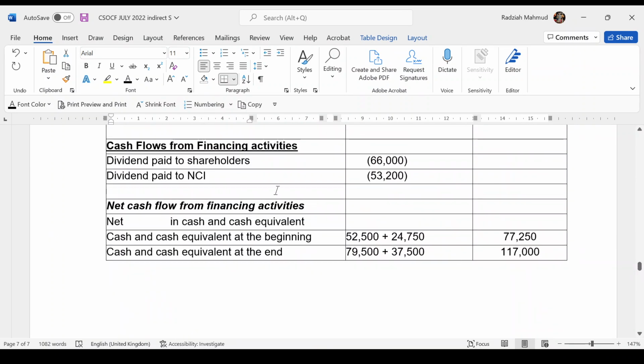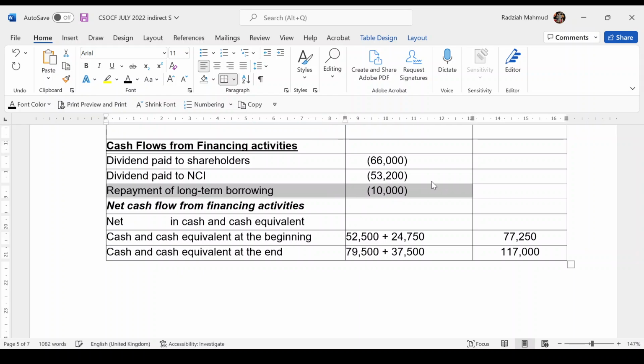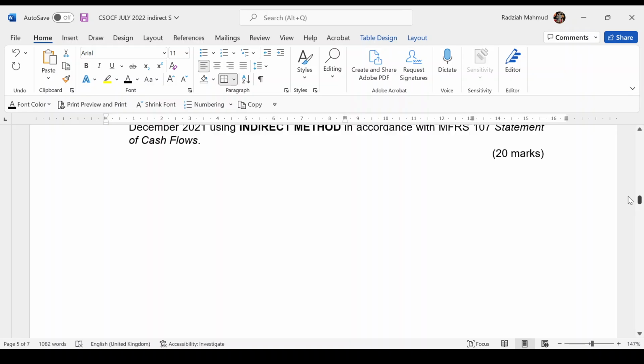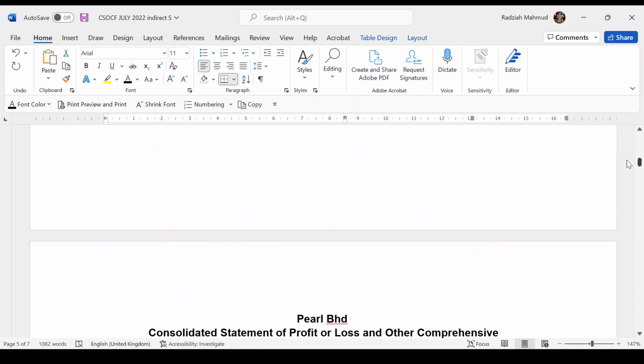Long-term borrowing is financing activities, so we put it under financing activities. Repayment of long-term borrowing 10,000, because our long-term borrowing has decreased, so it means we pay for it. So we settle with long-term borrowing.